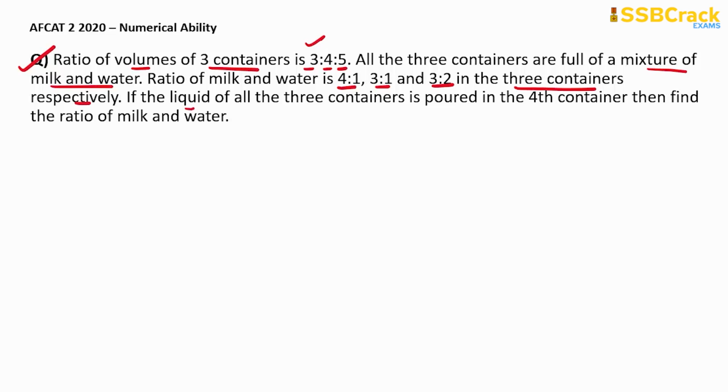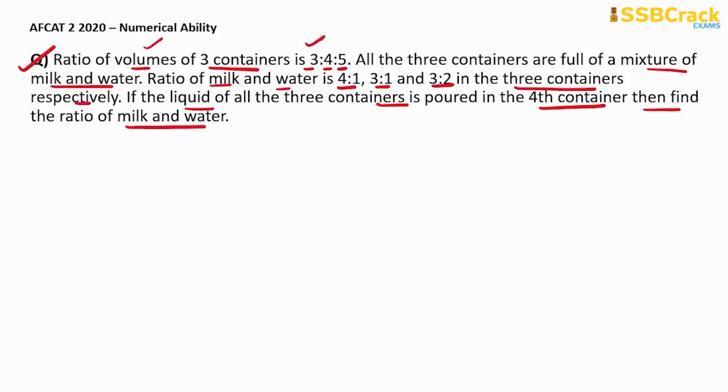Again, if the liquid of all the 3 containers is poured in the 4th container, then find the ratio of milk and water, right? So here we are given the volumes of 3 containers and the ratio of milk and water in all the 3 containers separately.